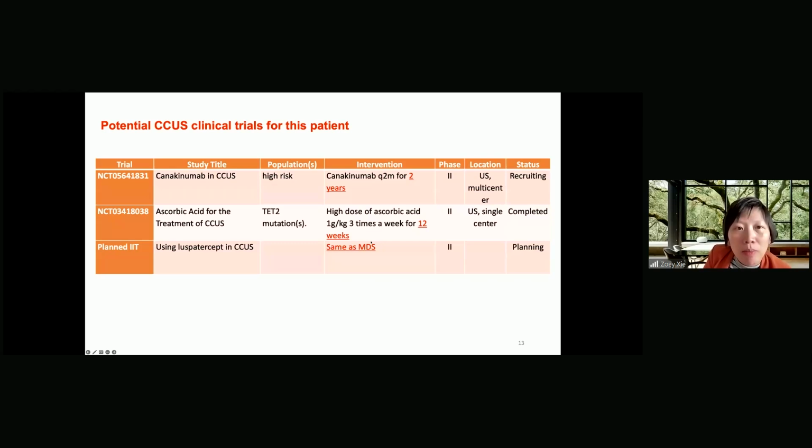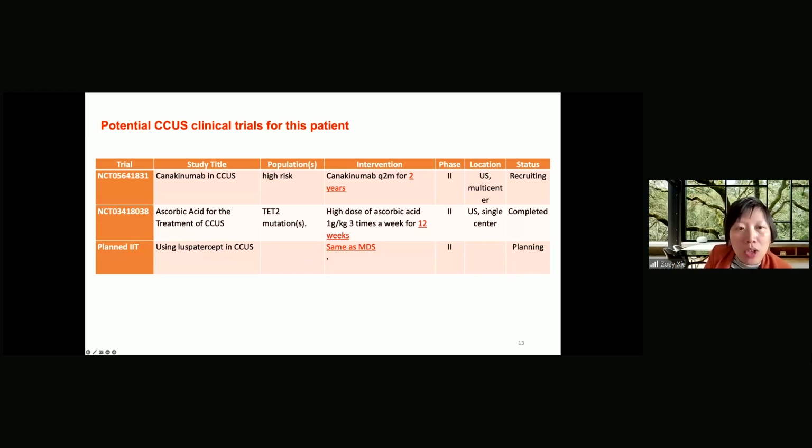So now from a treatment perspective, are we ready to treat patients like this? The major point I want to point out is that, number one, from the symptomatic anemia perspective, from the trial perspective, we have at least 3 trials available for this patient. The first one is a planned IIT using luspatercept in patients with CCUS.